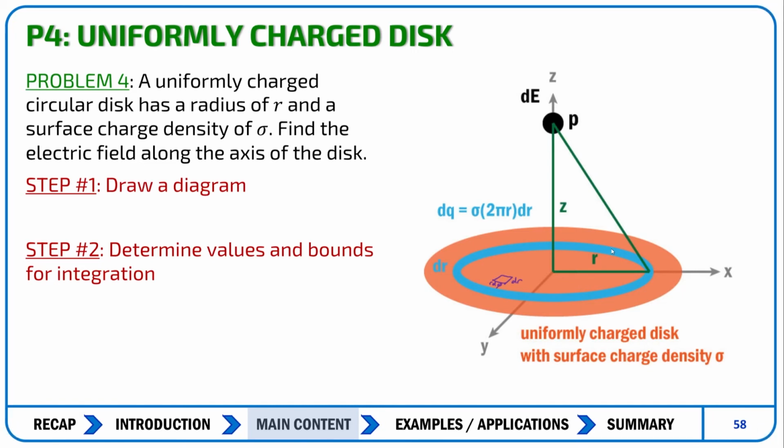So you have almost like a little, so we have dr over here. That would be dr, the thickness of the ring, and then the circumference of the ring. So if you break open the ring from here, you end up with a long rectangular strip.